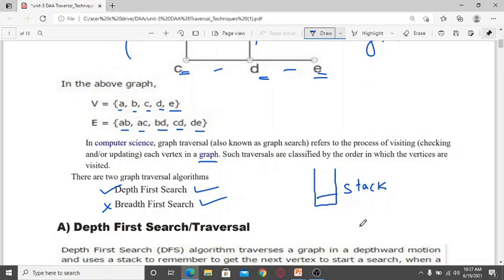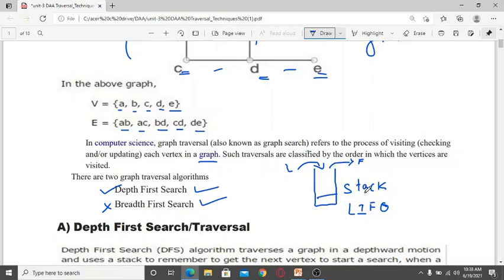Stack will follow last in, first out, LIFO. Whatever vertex is inserted last will be taken out first. That is called stack.